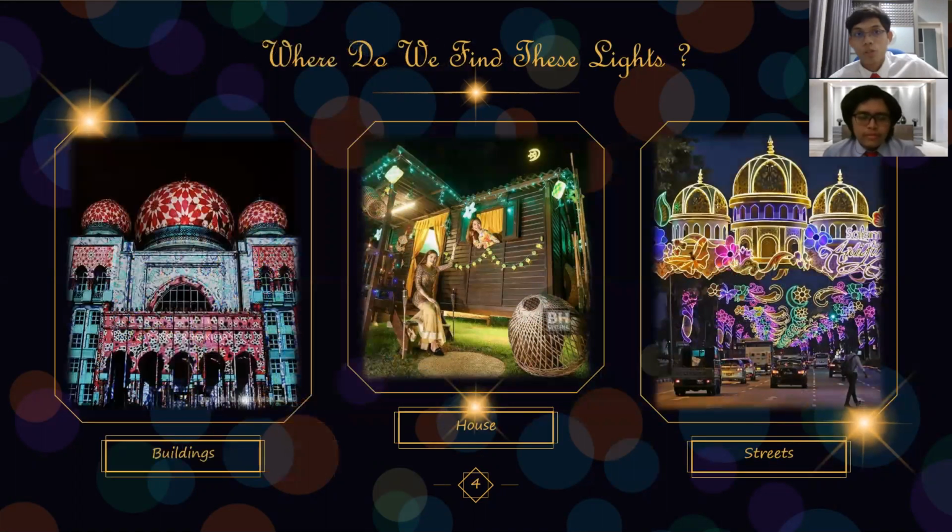So we go into the next slide. Where can we find these lights? As I just mentioned, we can see this light nearly everywhere. Where we can find this light is at the buildings, houses, streets, or even at the hotels, supermarkets, parks, and so on.